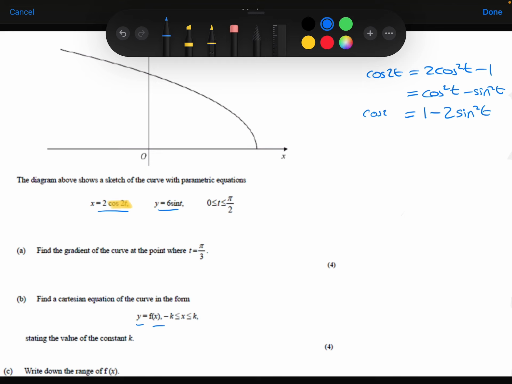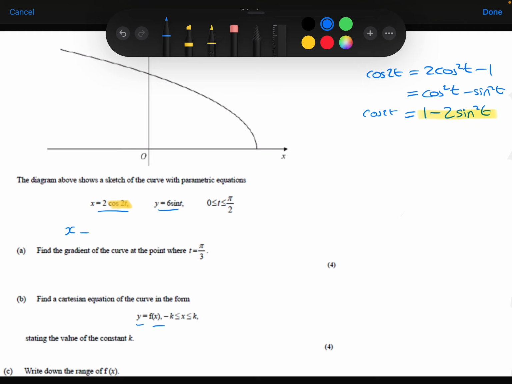The reason I'm going to go for this version is because it has the sine squared t here, which will help me link it with my y function because y has got a sine in there. So, let me replace the cos 2t with this.